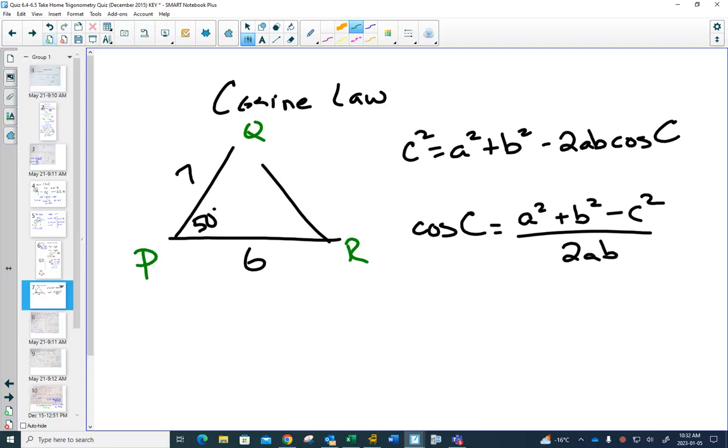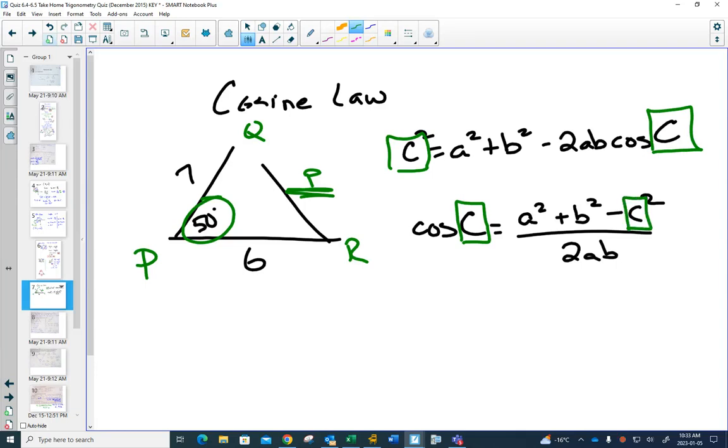How do I do? Well, just like the sine law, the letters on your formula sheet don't matter as much as knowing that angles go with opposite sides. So, we have this angle 50, it will go with this side here. And so in the cosine law, you could actually solve for little p, and this angle goes with that side, this angle goes with this side.